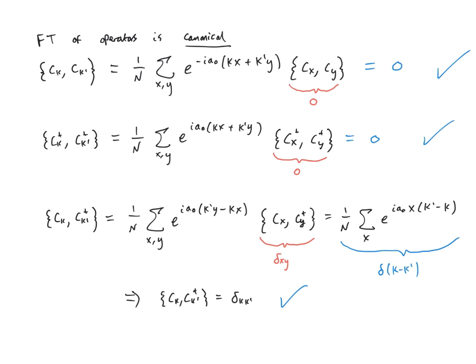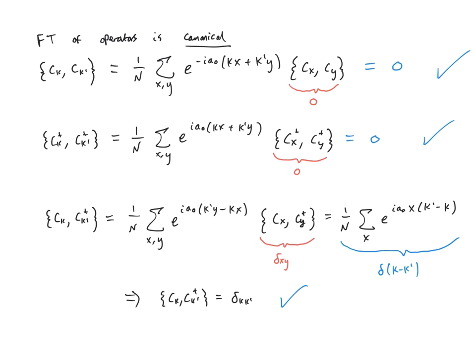So by exploiting this identity in the theory of Fourier analysis, we know that indeed this Fourier transform is going to yield canonical fermions, CKs, and therefore the Fourier transform is indeed a canonical transformation. That's exactly what we want, and therefore we can use it, but is it useful to us?